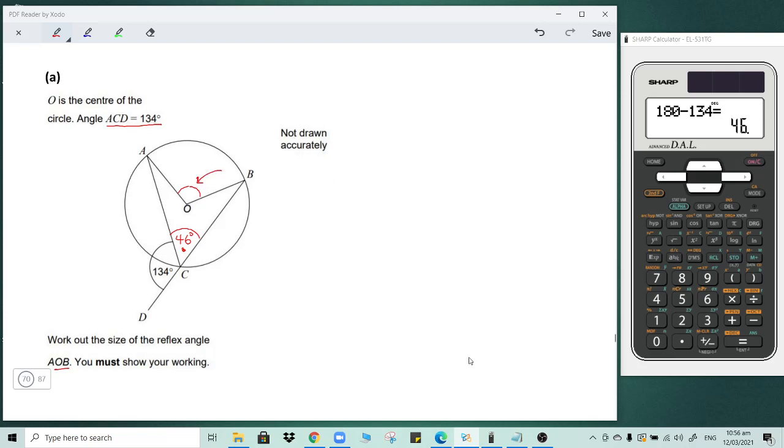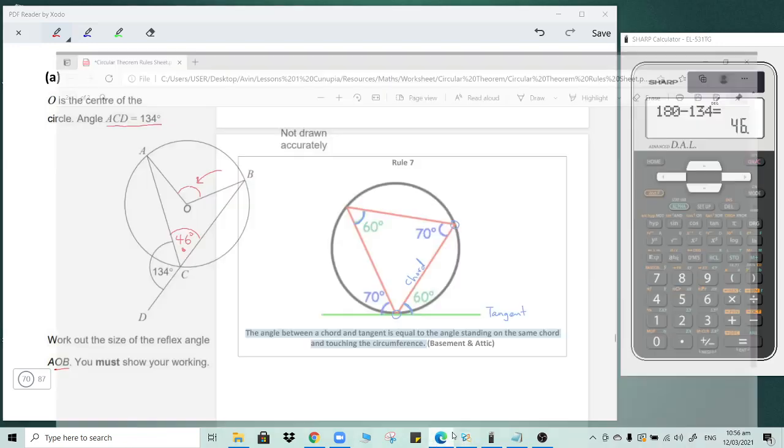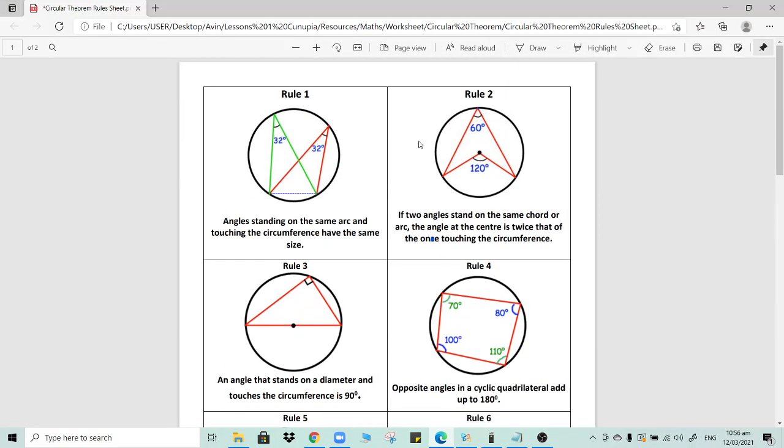To find that angle, according to the video, there were 7 rules. The rule we have to use for this one is rule 2. Whenever there's an angle touching the circumference and whenever there's one touching the center, one is twice as large as the one touching the circumference.